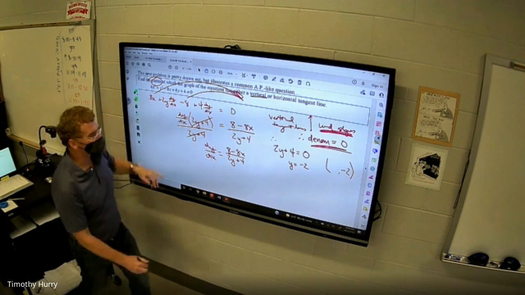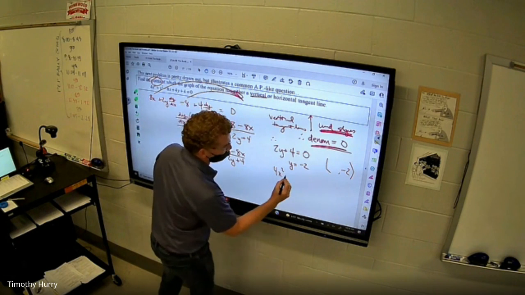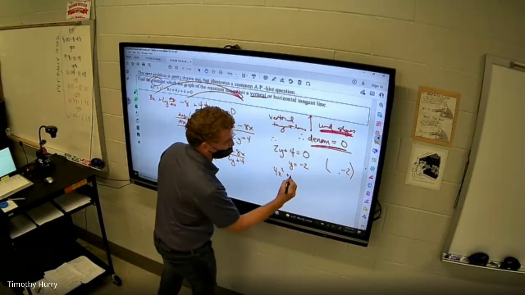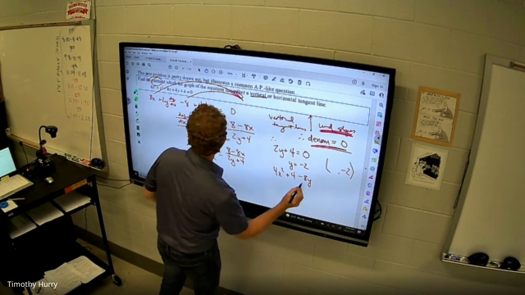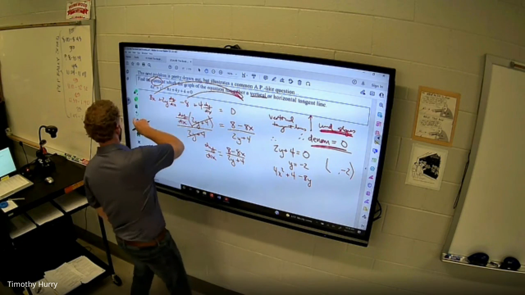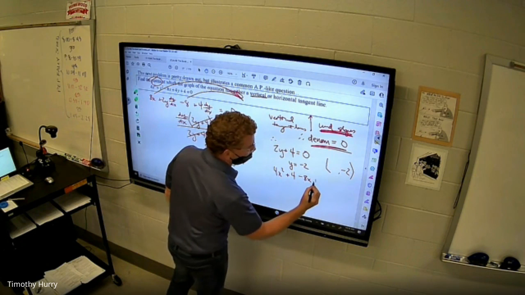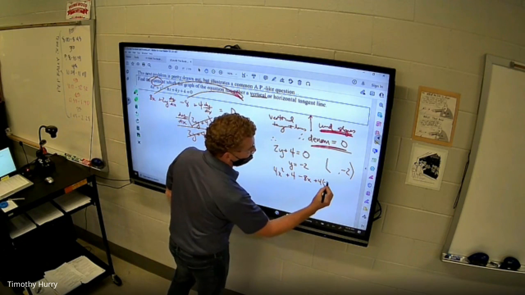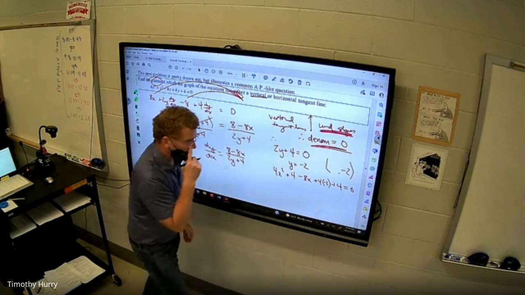So 4x squared plus y squared, which would be plus -2 squared, that's a 4, minus 8x, plus 4y, which is 4 times -2, plus 4 equals 0.